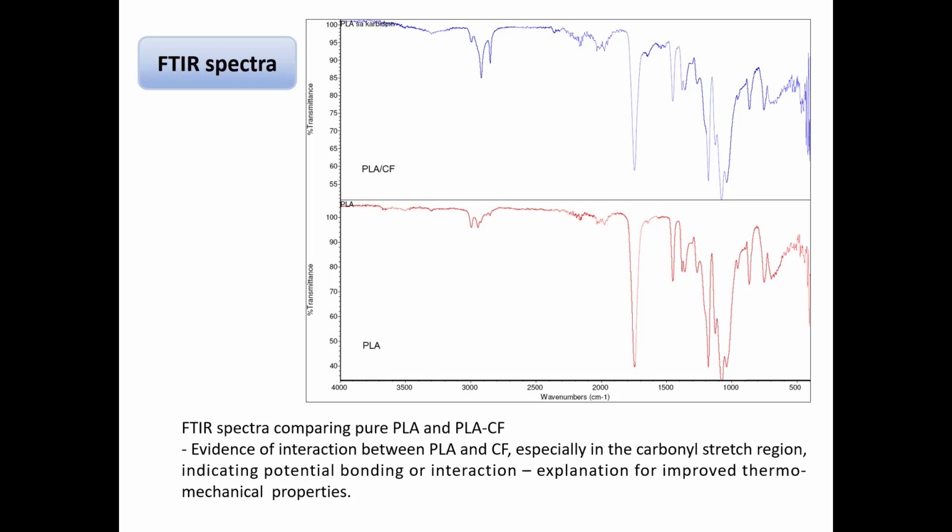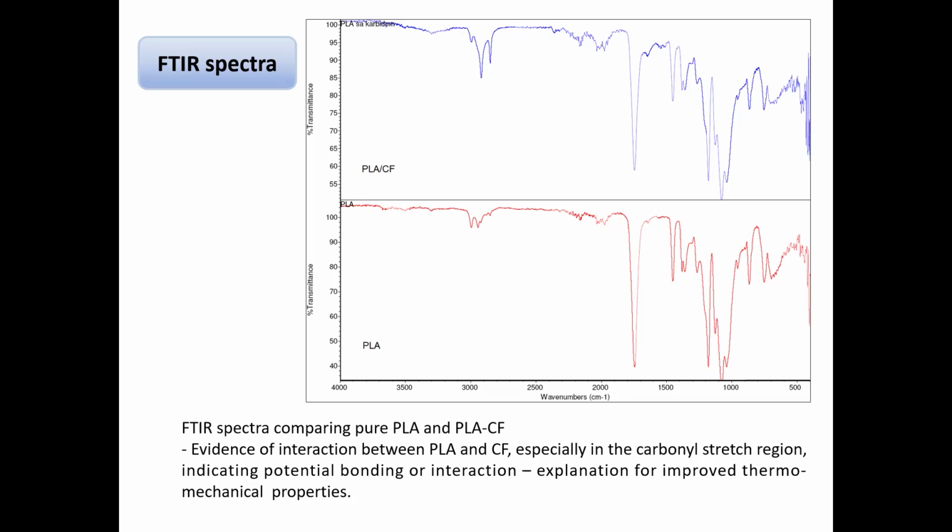One of the problems in this investigation, which we didn't mention here, is that the filament specification is some kind of secret. We didn't find the percent of carbon fiber compounds in the composite with PLA.